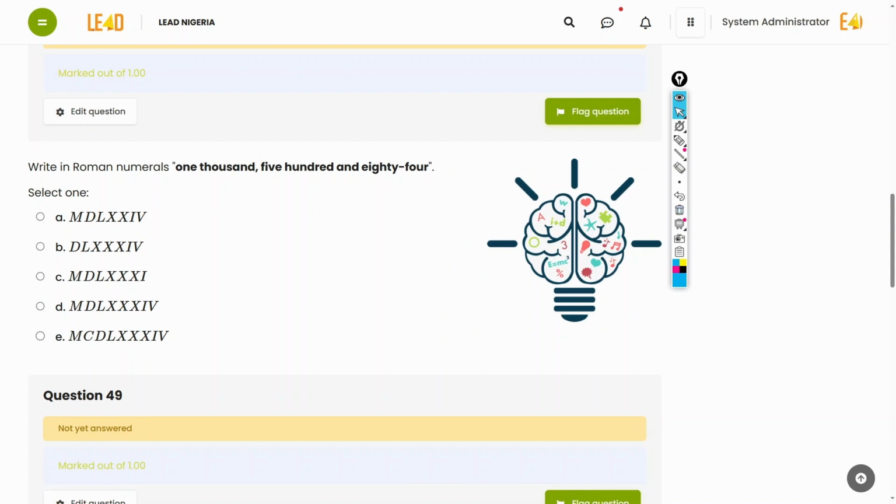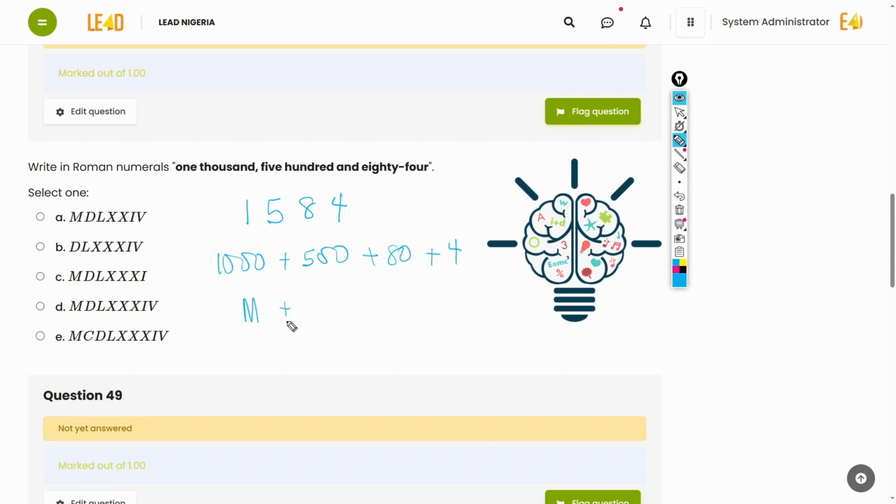$1,584. Okay, so writing Roman numerals, 1,584 would be 1,000 plus 500 plus 80 plus 4.